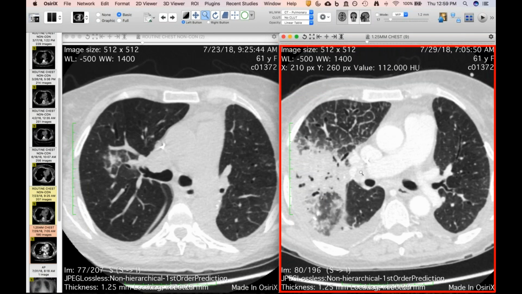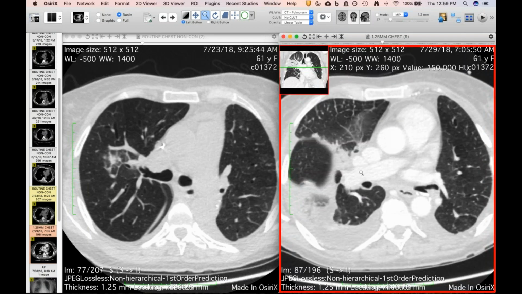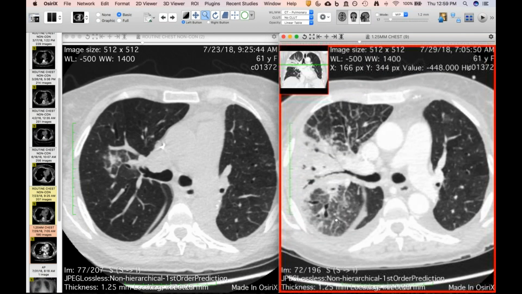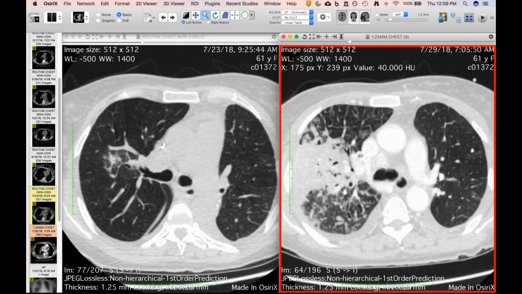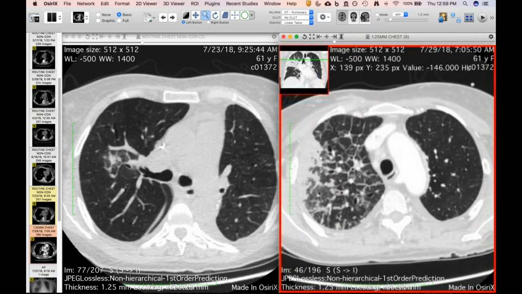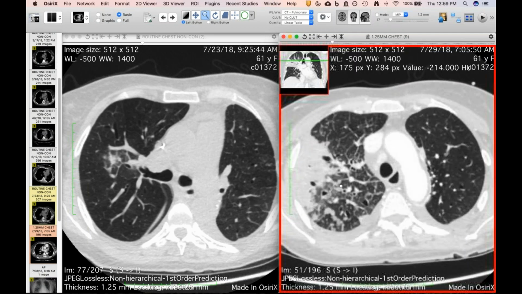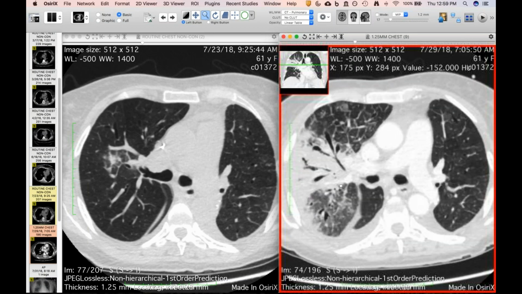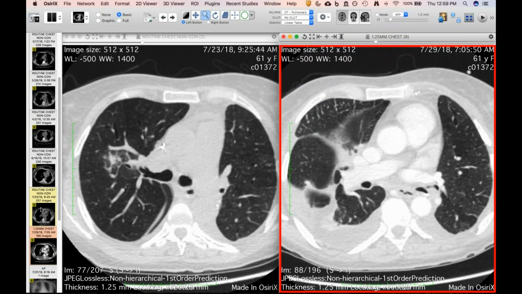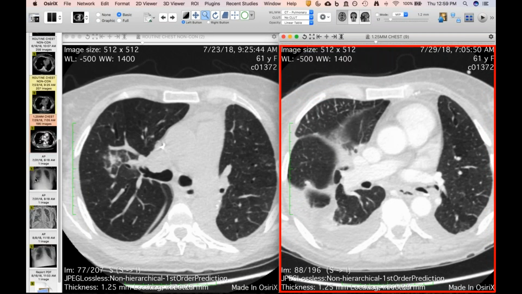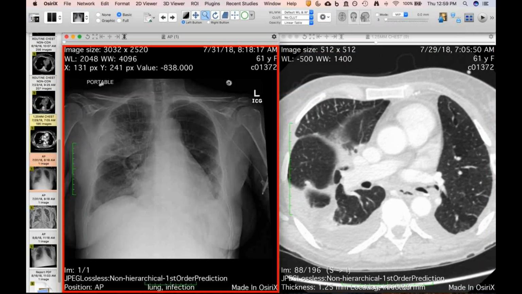Now, she had a bronch, and the bronch was positive for aspergillus, but it was uncertain. I don't know how much of this is aspergillus. I think a lot of this is probably just going to be venous congestion or asymmetric edema, because you'll see on her subsequent radiograph, even just a couple days later, that you can still see some of this septal thickening.